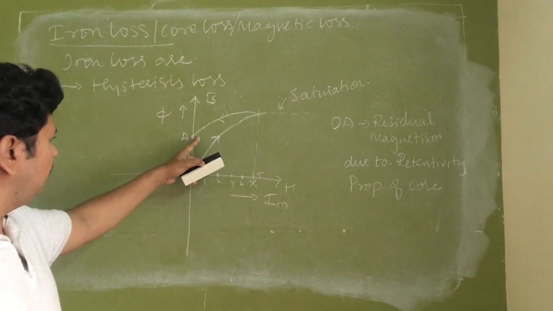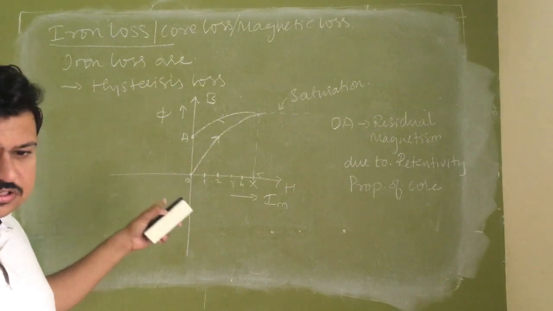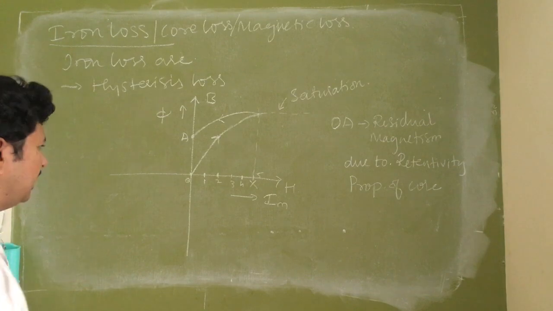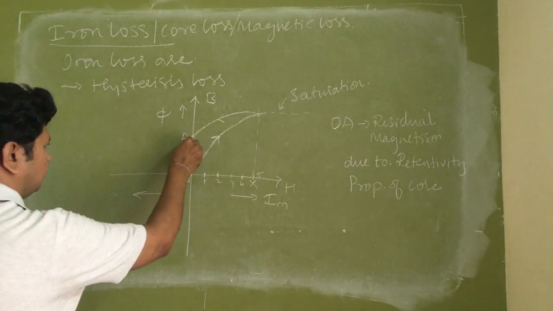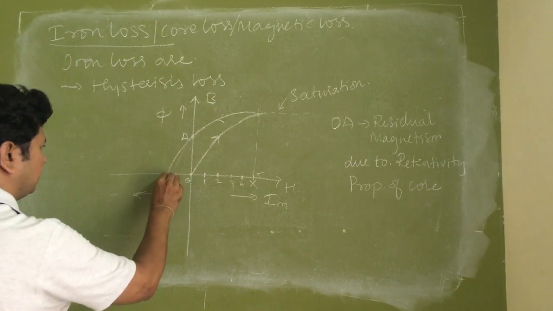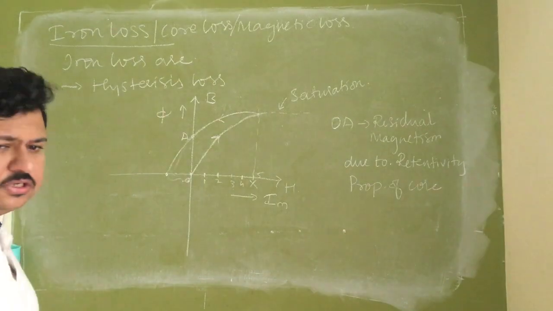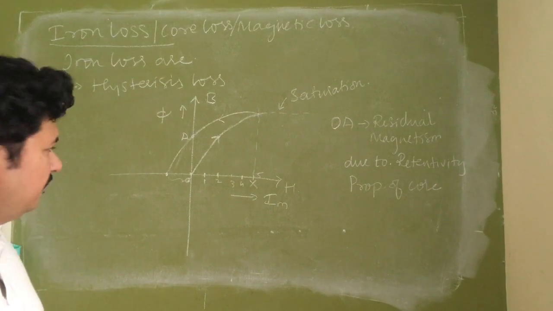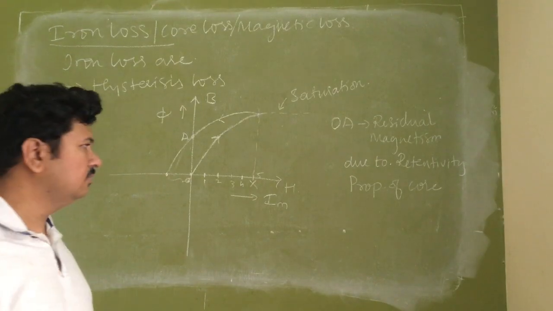Now, if I want to make the magnetization 0, what should I do? I should apply the magnetizing force in the opposite direction. So at some point my magnetic flux density will become 0. So this much negative magnetization I should apply, the magnetization in the opposite direction. Now the current further increases in the opposite direction, because remember I have AC.